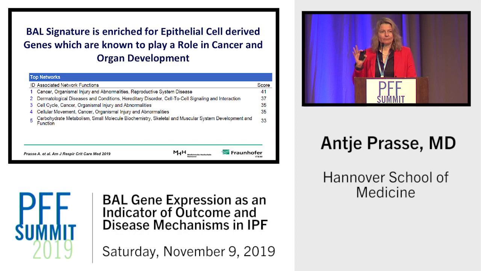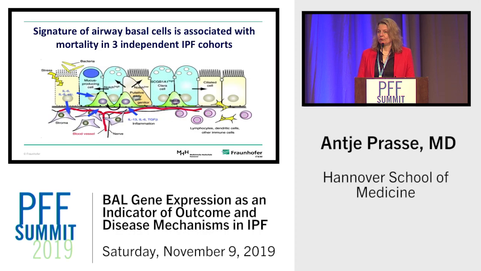So I entered them multiple times into PubMed, and I then encountered the fact that a publication by Ron Crystal popped up multiple times, and that publication showed the transcriptome of basal cells, of airway basal cells. And that was the starting point.